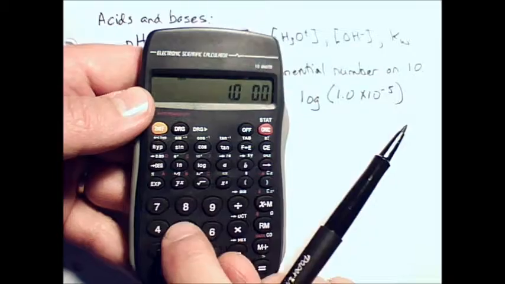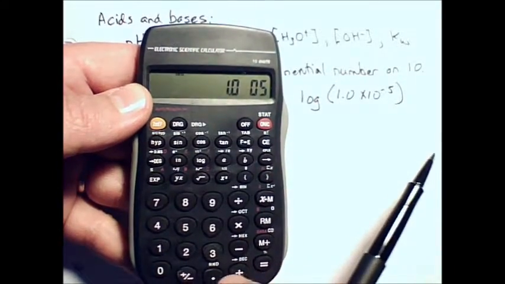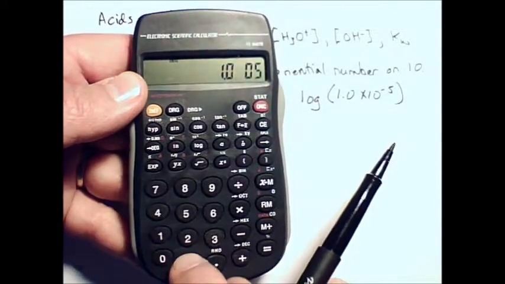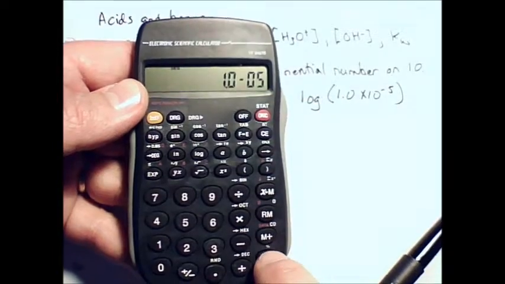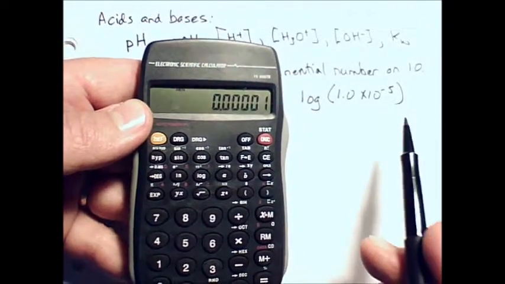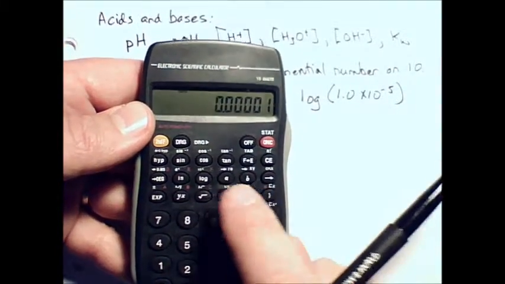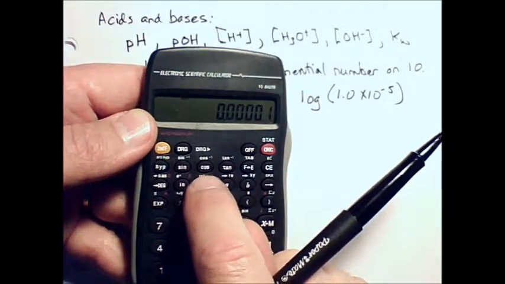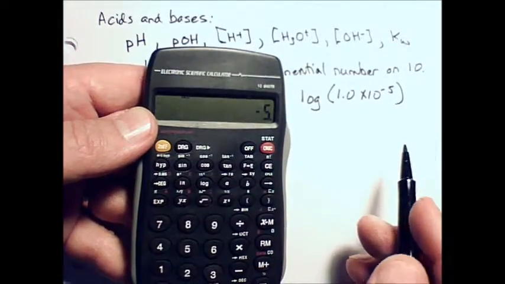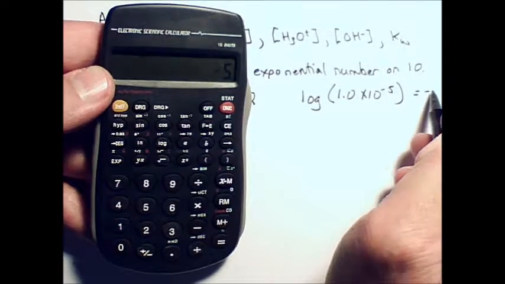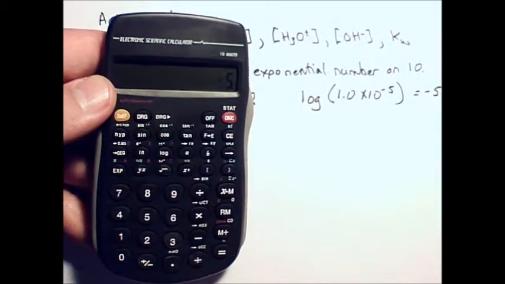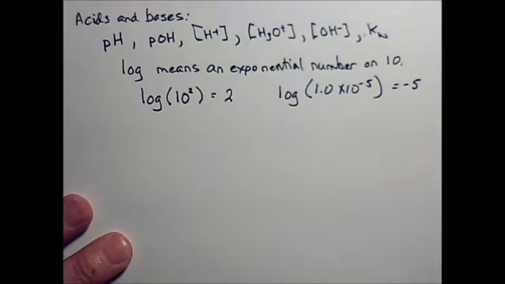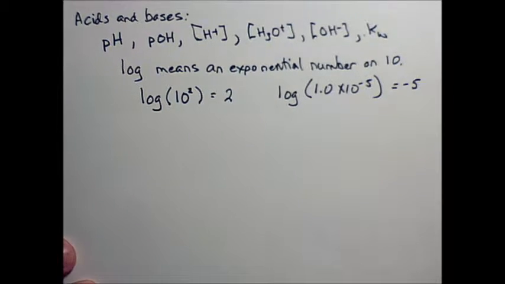You're going to put in the 5, and then you're going to change the sign on the 5 with this button down here. And that'll give you this answer. Now you're ready to take the logarithm of it. Got that? All right.